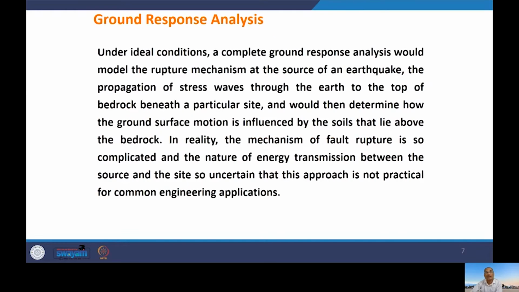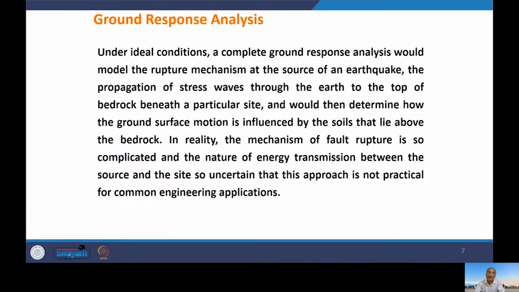Now coming to that, under ideal conditions, a complete ground response analysis would model the rupture mechanism at the source of an earthquake, the propagation of stress waves through the earth to the top of the bedrock beneath a particular site, and would then determine how the ground surface motion is influenced by the soils that lie above the bedrock. So in ideal conditions, this should happen, that we should model the rupture mechanism of the source itself.